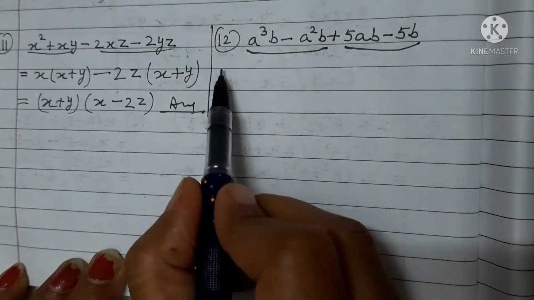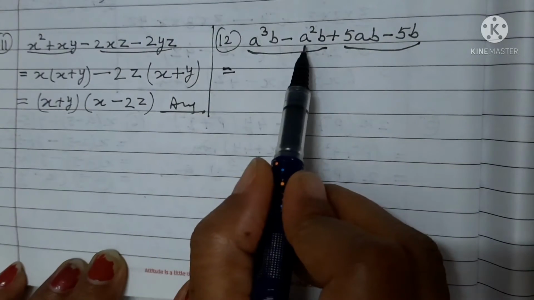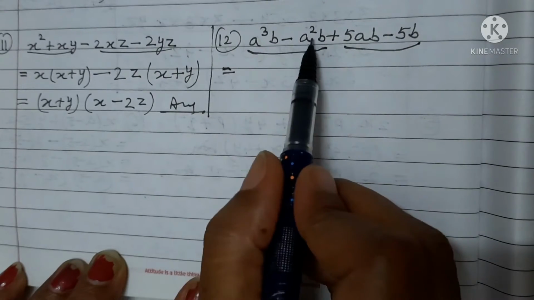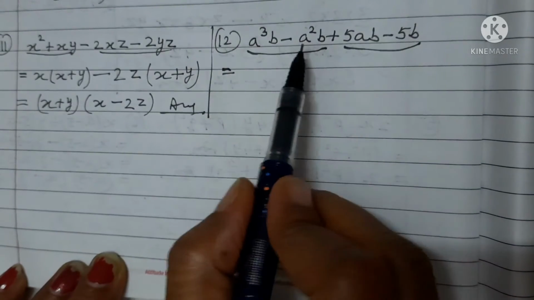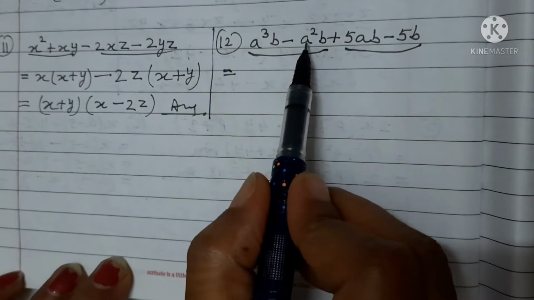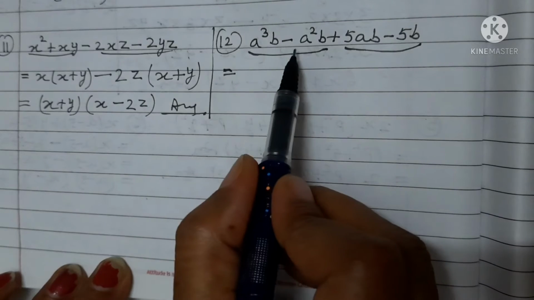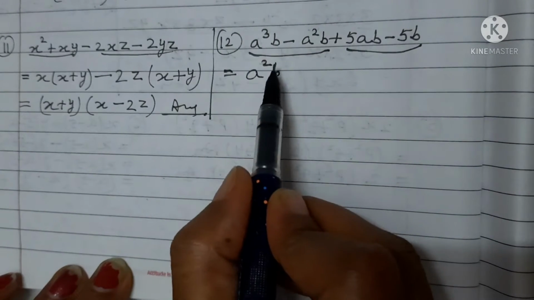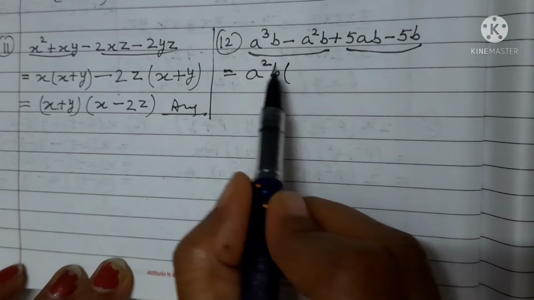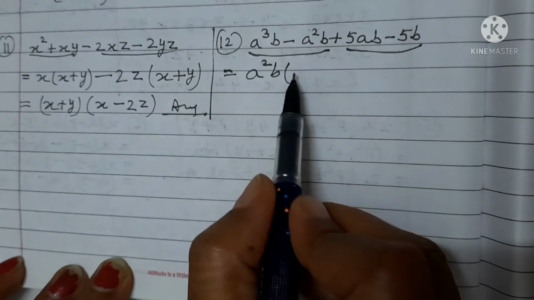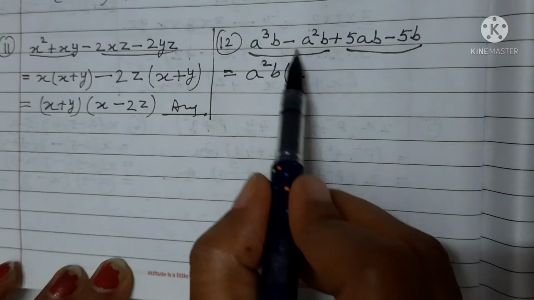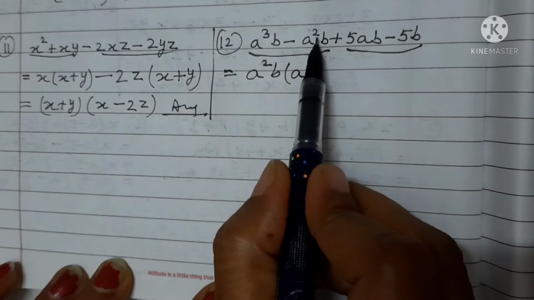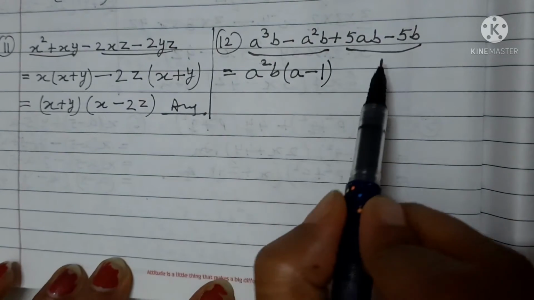Let's see what happens. a square, the lower degree of that variable, you can take common. So a square and b are common, and in this term only a remains, minus a square b you have taken, so minus 1.